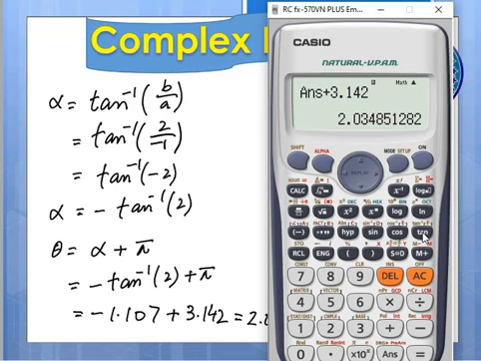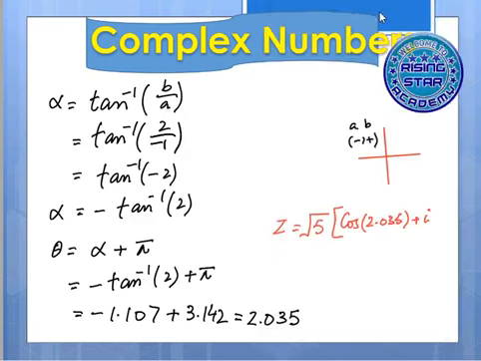So now we will write our final answer. So the final answer would be z equals r times cos of theta. Let me write again.